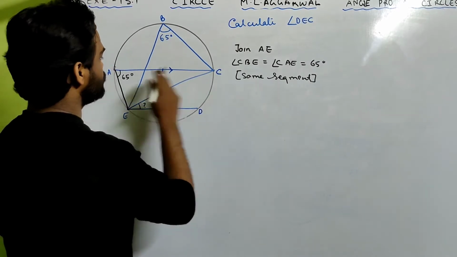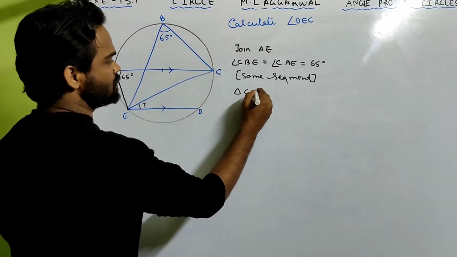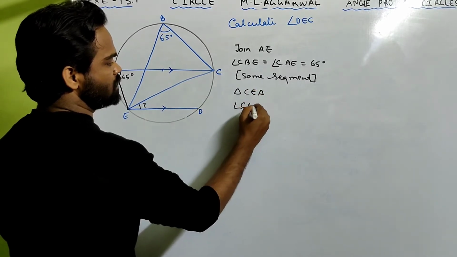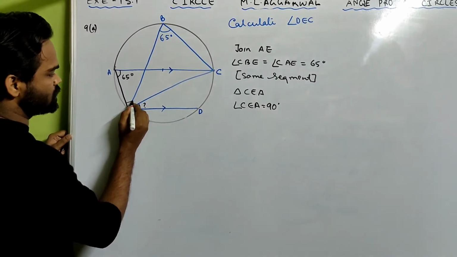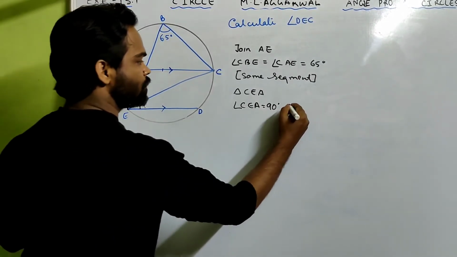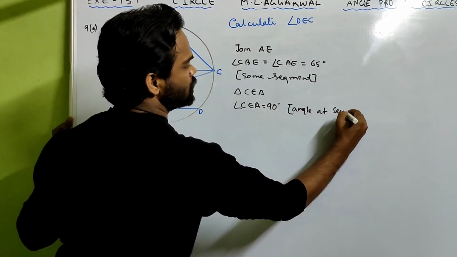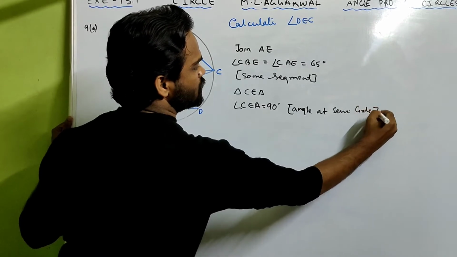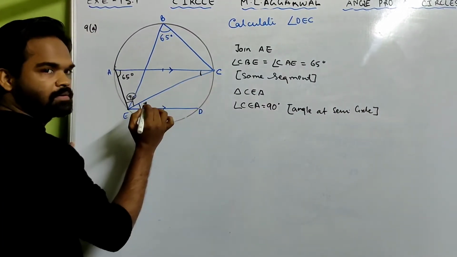That's given. In triangle CEA, angle CEA equals to 90 degree, angle at a semicircle, isn't it? Once you got 90, you can get this angle.